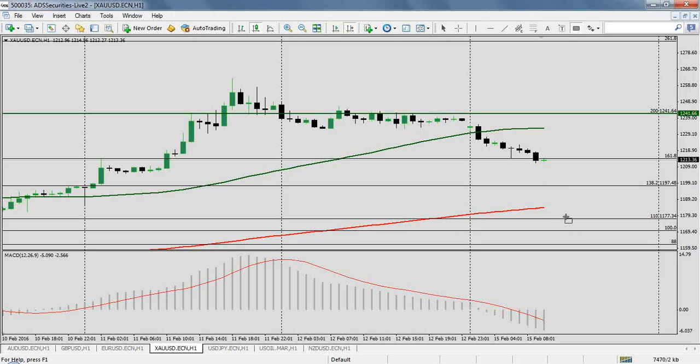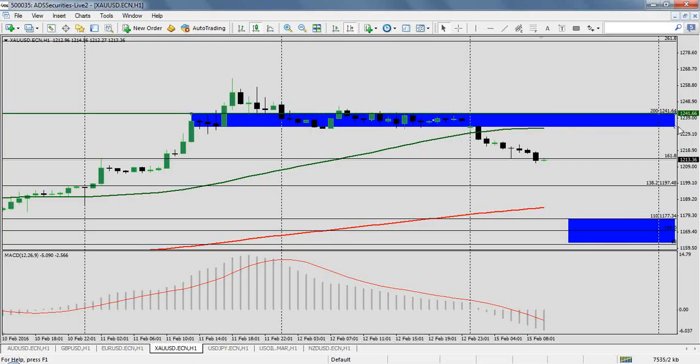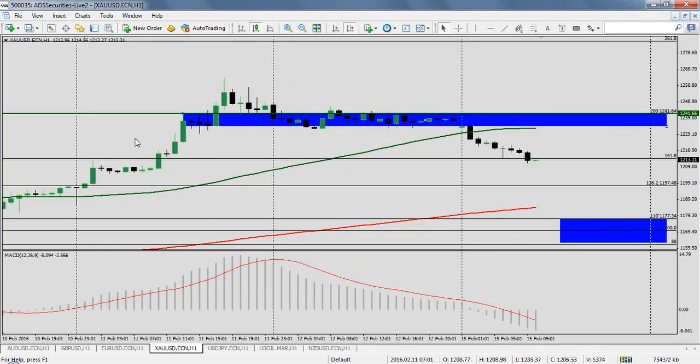Based on our analysis, this is the main support level that we are looking at. And based on our analysis, this is the most significant resistance level that we have in front of us.